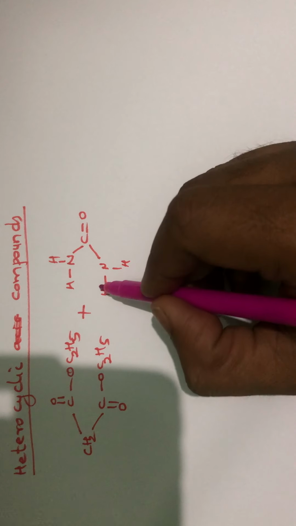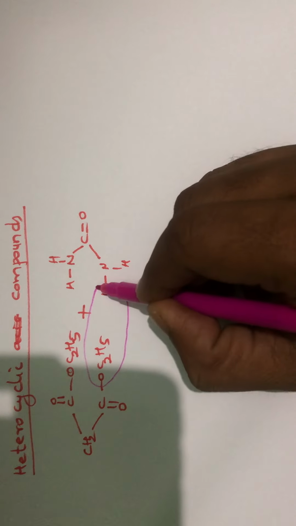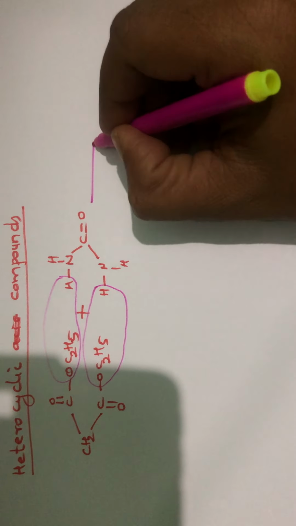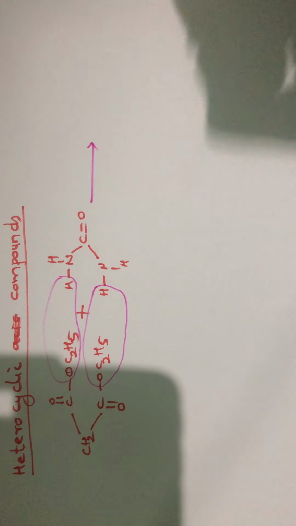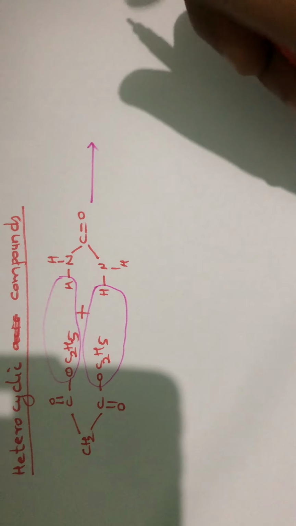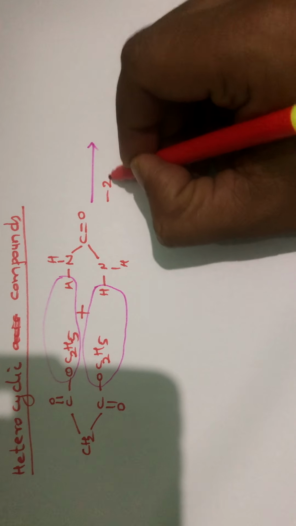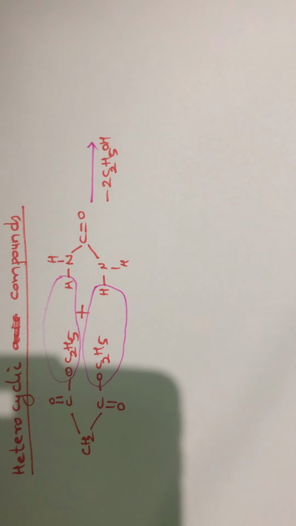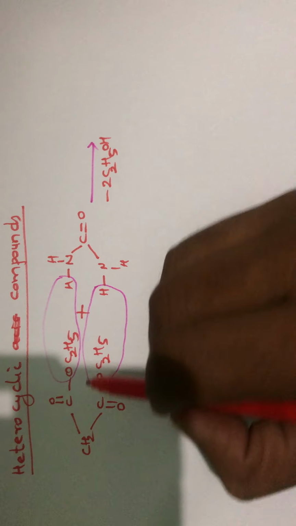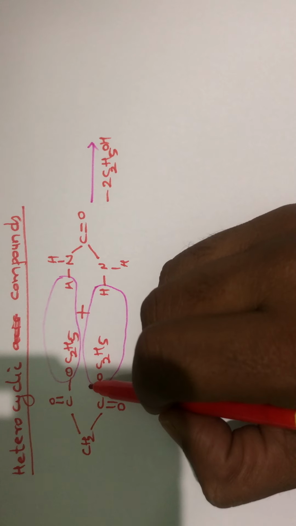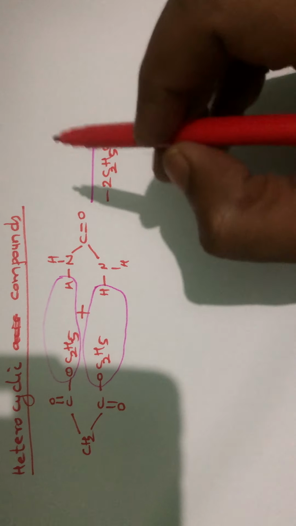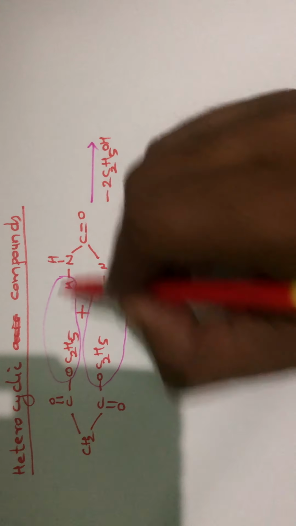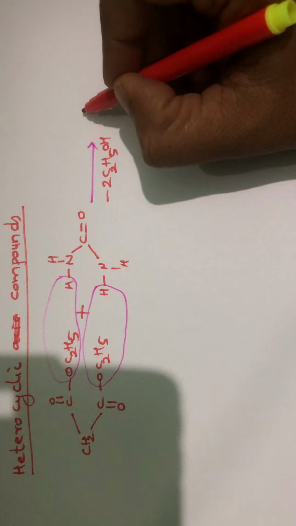Condensation takes place, this plus this, minus 2C2H5OH. So malonic acid ester undergoes condensation with urea to form the heterocyclic compound. Just write the structure.